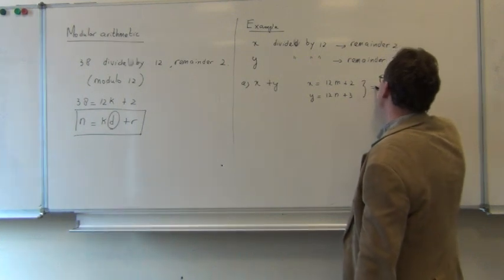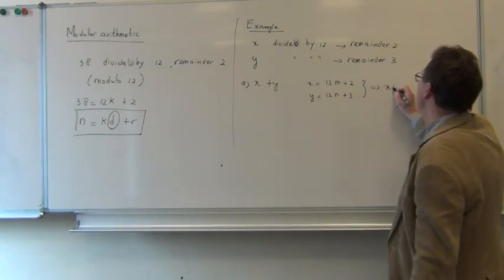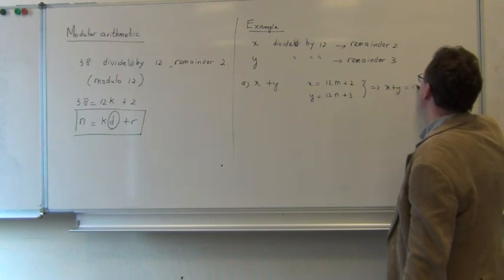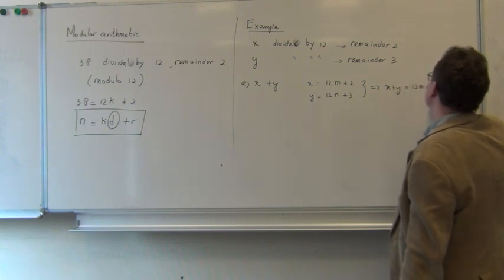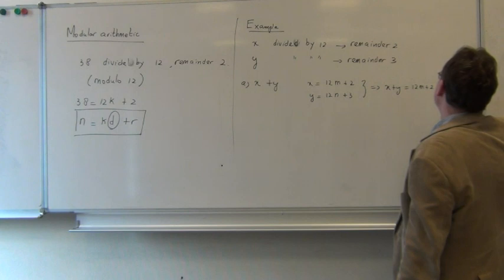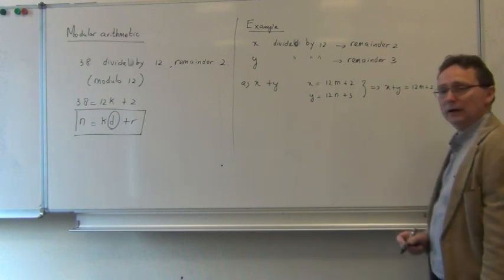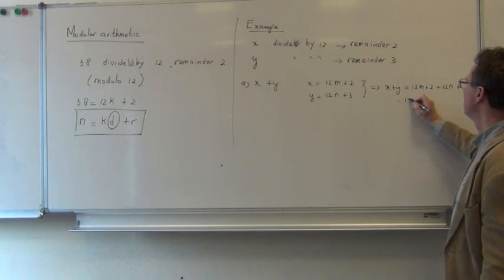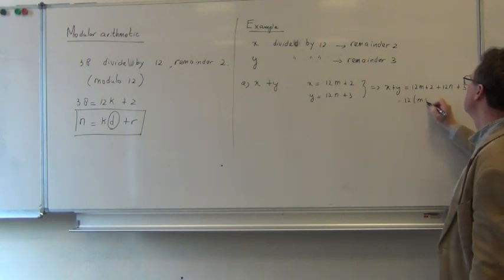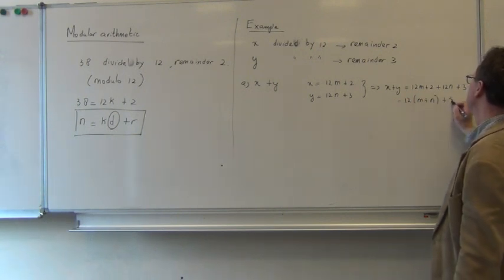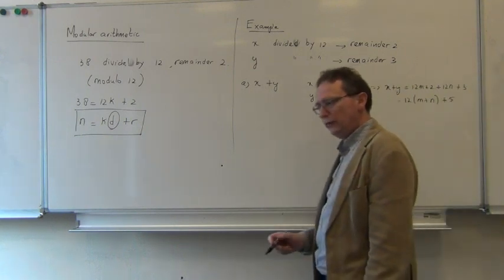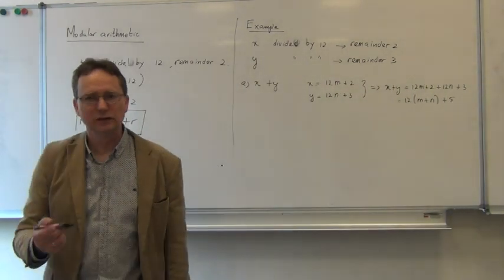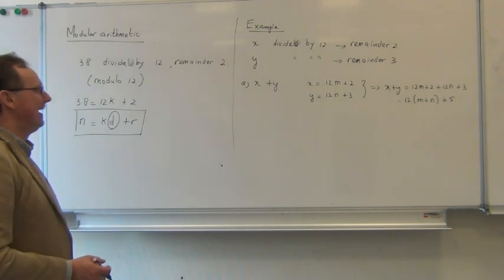Therefore, x plus y is 12m plus 2 plus 12n plus 3. You can easily see that it's a multiple of 12, namely 12 times m plus n, plus 5. Apparently, if you add up the two numbers, the remainders are also added.